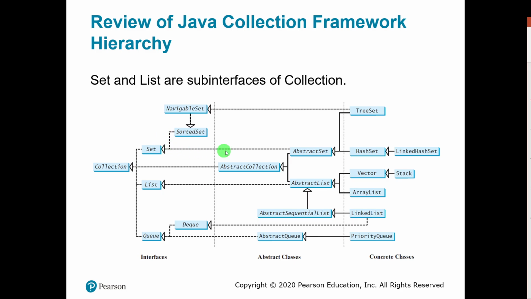Then if we follow the dotted line down here, abstract set is an abstract class that implements the set interface. It's a convenience class that extends the abstract collection and set. It provides concrete implementations for the equals method and the hash code method.